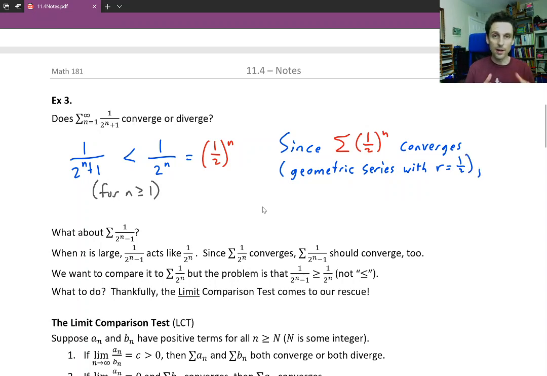Remember, as long as the common ratio is between -1 and 1, then you're good to go. That geometric series converges. Otherwise, the geometric series diverges. So since the series 1/2 to the n converges, then our smaller series is going to have to converge as well.